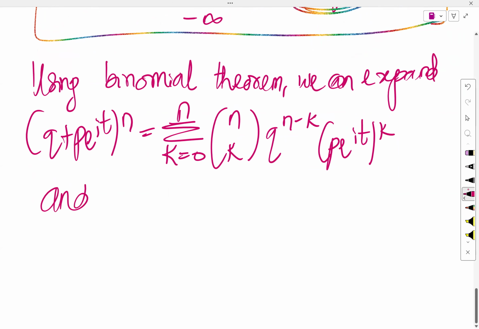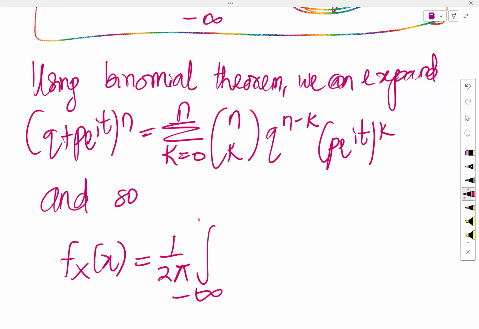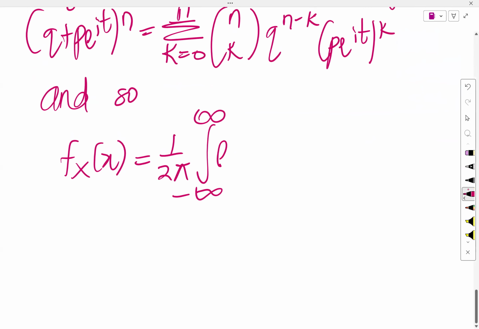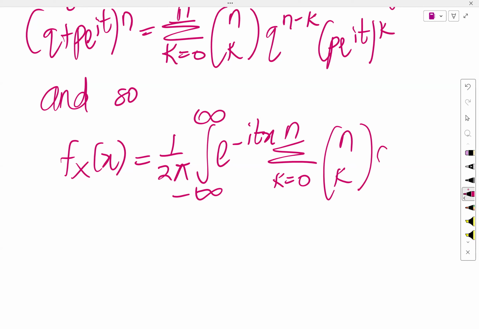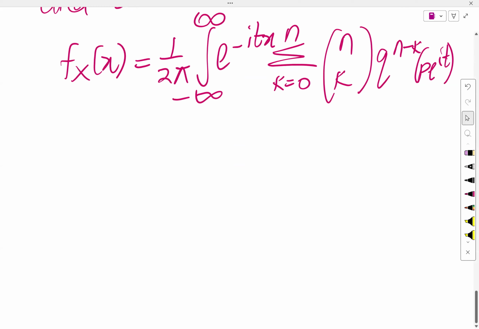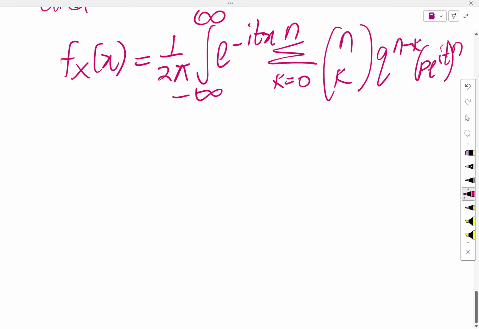And if we have that, we can now say the distribution f of x of x equals 1 over 2 pi integral minus infinity to infinity of e raised by minus itx, summation from k equals 0 to n, n combination k, q raised by n minus k, then (p e raised by it) raised power k, then all of that dt.